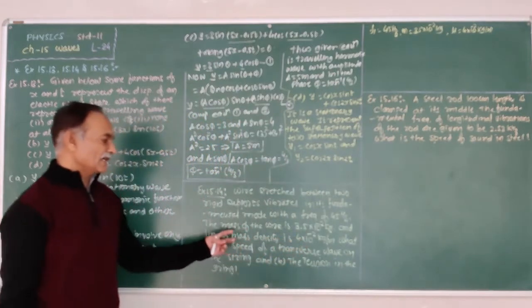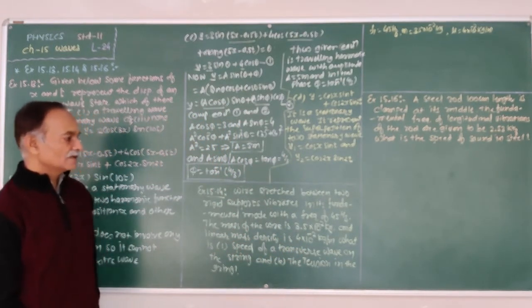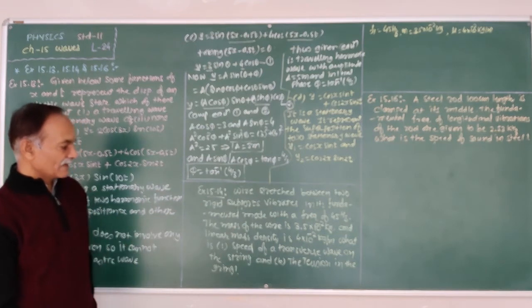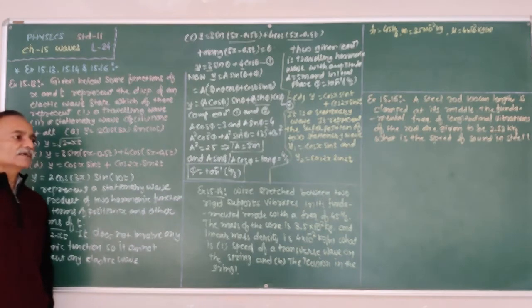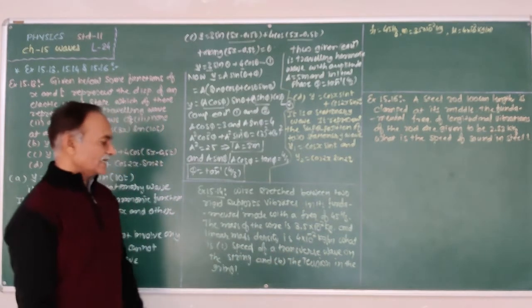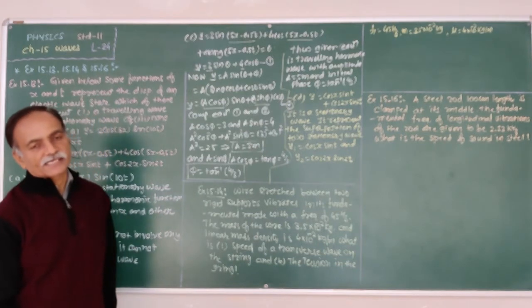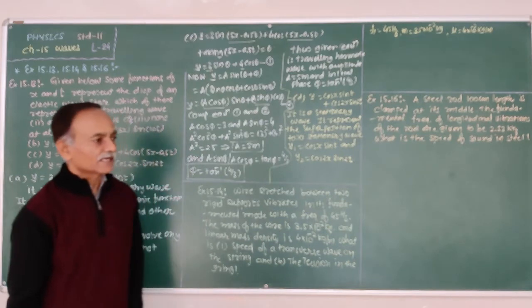So the linear mass density, the mass of the wire, and the fundamental frequency of the mode of oscillation are given. What is the speed of the transverse wave on the string, and the tension in the string? We have to find the speed and also the tension in the string.